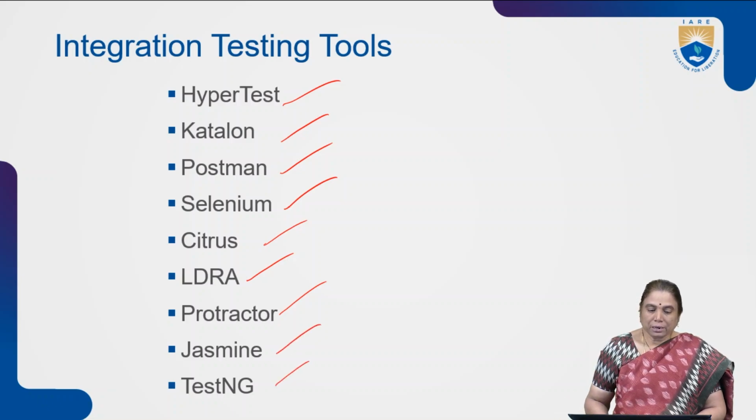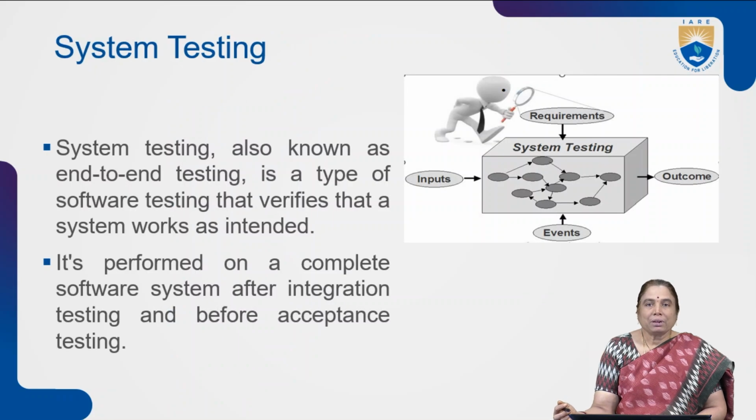After the integration testing, the next level of testing is system testing. After integrating all the modules of the project and performing unit and integration testing, the system can be formed. Testing the whole system is generally referred to as system testing.